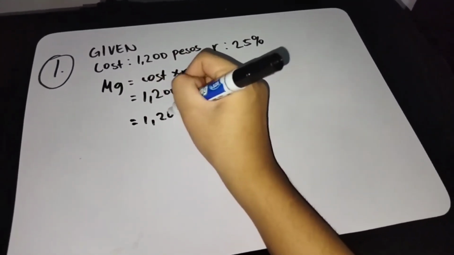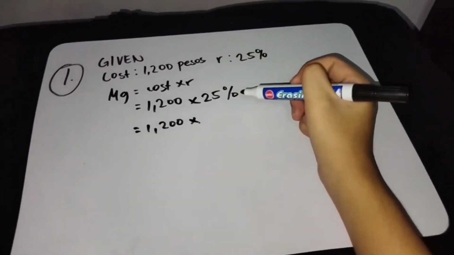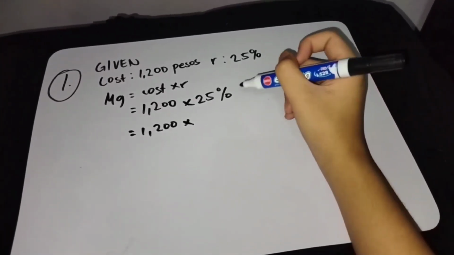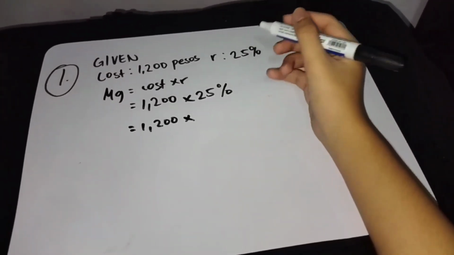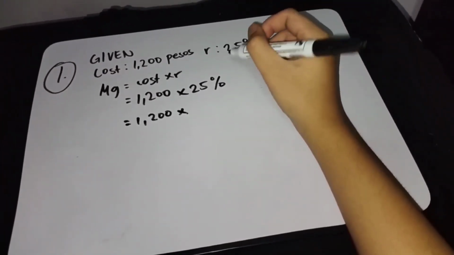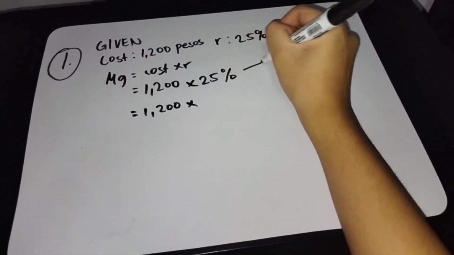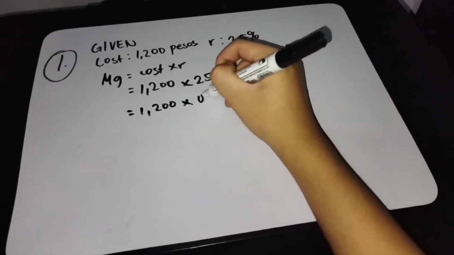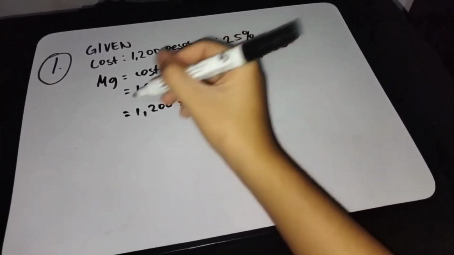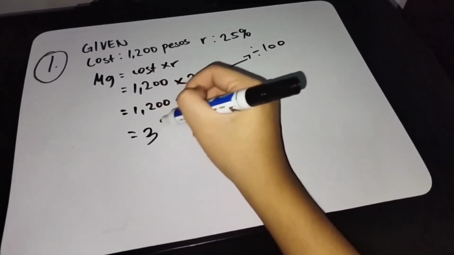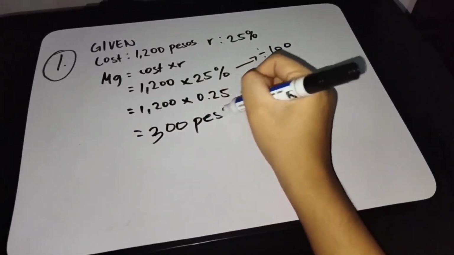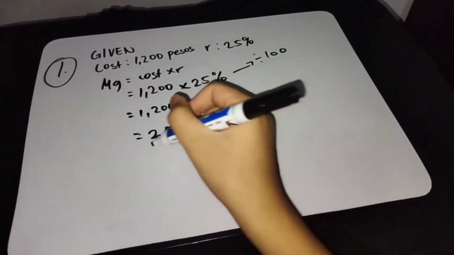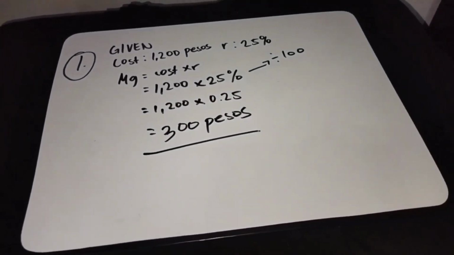Again, we can't multiply the percent as it is. So an easy way to convert or move to decimal places is to just divide it by 100. So divide by 100, we would get 0.25. And the answer would be 300 pesos. That is our answer. The gross margin is 300 pesos.